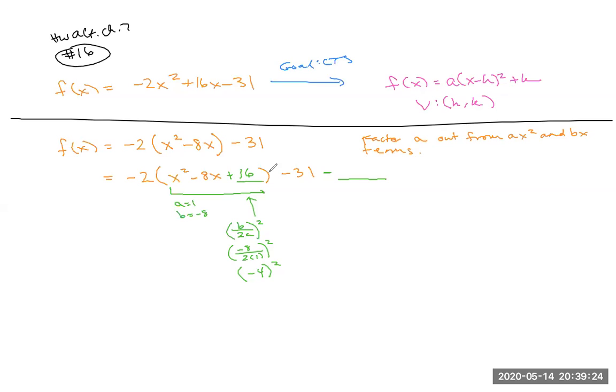Okay, now be careful here. What are you really adding to the equation right here? This -2 is distributed in to each term of the quadratic. So you're actually going to be multiplying here, -2 times 16.